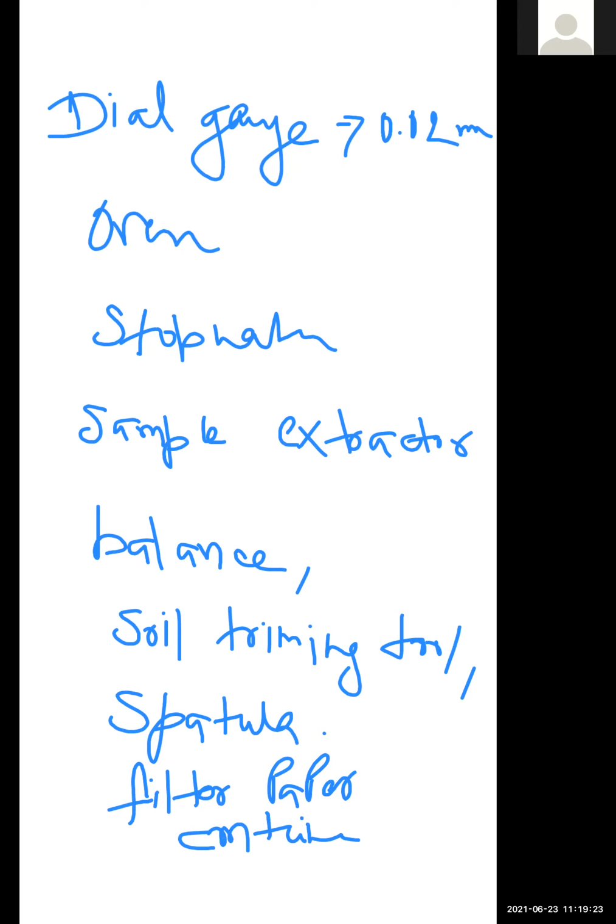So the principle of consolidation test or oedometer test is that when a compressive load is applied to a soil mass, a decrease in its volume takes place, and the decrease in volume of soil mass under a stress is known as compression. The property of soil mass pertaining to its tendency to decrease in volume under pressure is known as compressibility.